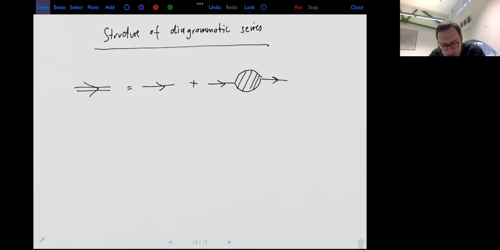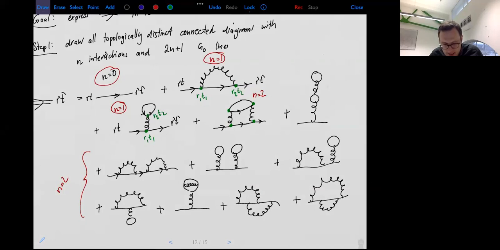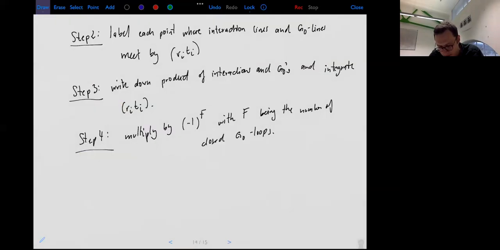So all the complexity now is inside this bubble, which contains basically the intermediate parts of all the diagrams. So it looks like this. It's basically what you get when you take these diagrams and you cut off their incoming and outgoing Green's function lines.